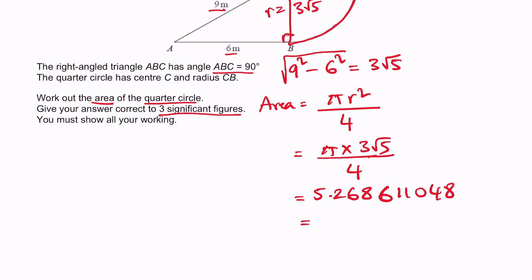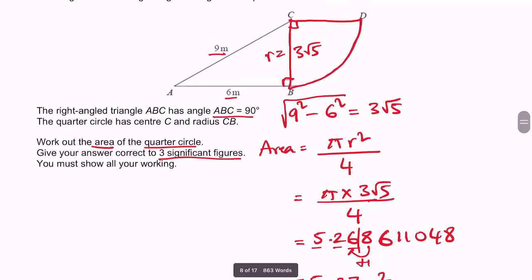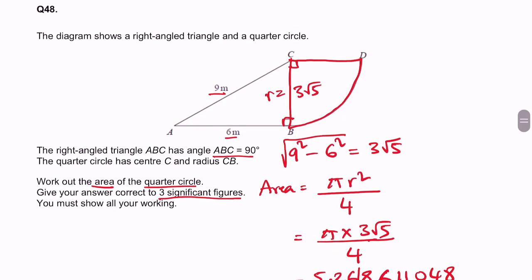So 3 significant figures, so 1, 2, 3, draw the line, 5 or over, need to add 1 to the 6, that gives us 5.27 meters squared. 5.27 meters squared. Just double checking the answer.